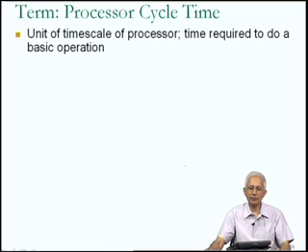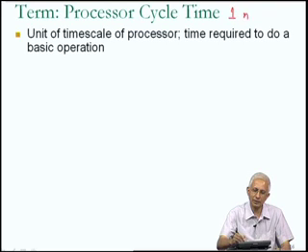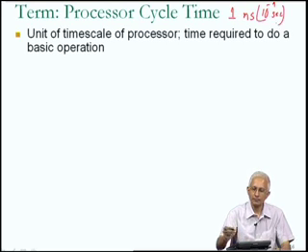I'll refer to the processor cycle time as the unit of that time scale. So, for example, for a somewhat slow processor today, we talked about a unit of time scale of about 1 nanosecond, in other words, 10 to the power of minus 9 seconds.